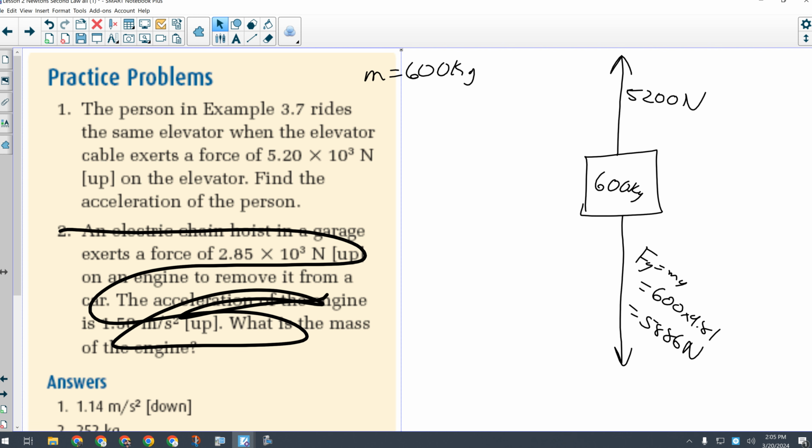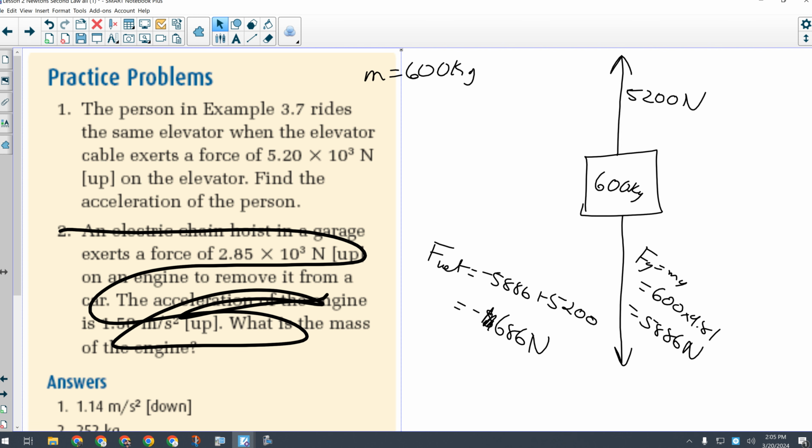Because F net is the vector sum of all forces, I'm going to say negative 5,886 plus 5,200, and I'm going to get negative 686 newtons, or 686 newtons down. Now that I know that, can I find the acceleration?